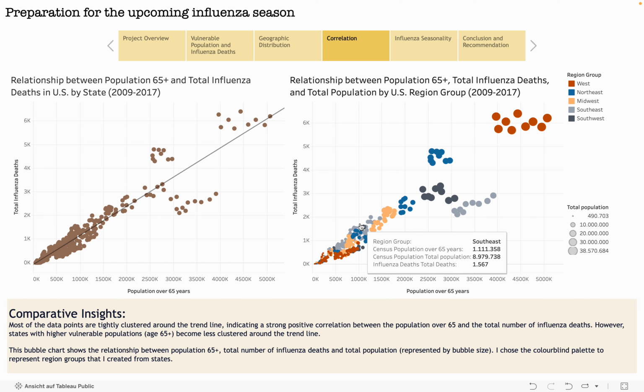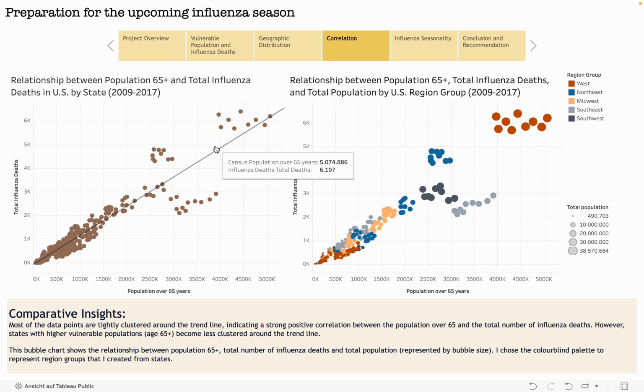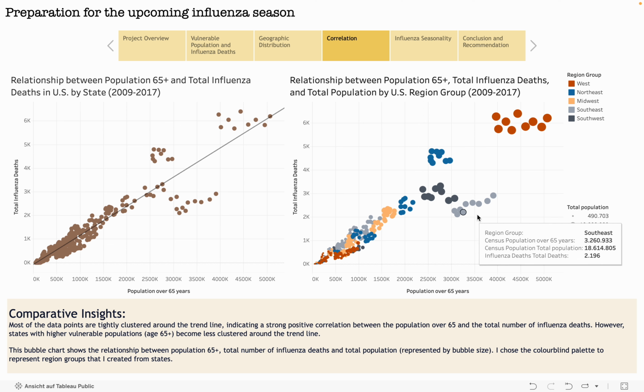Next, we delve into a scatter plot analysis that explores the relationship between the population over 65, total influenza deaths, and the total population by US region group. This analysis helps us to understand the strength of correlation and patterns between these variables.